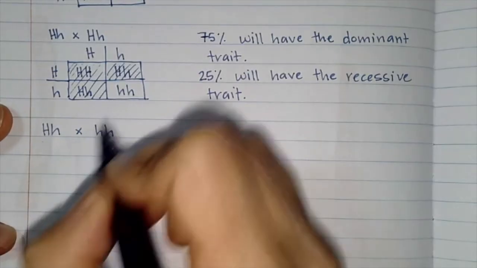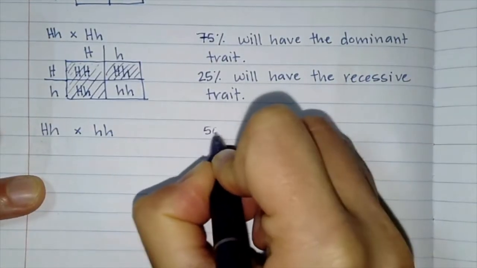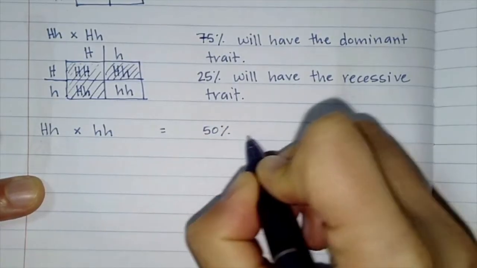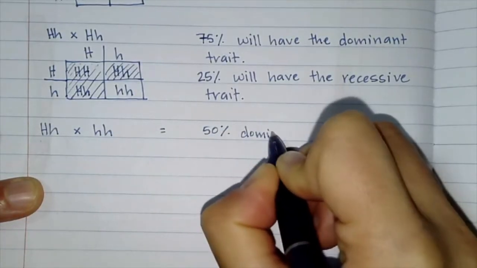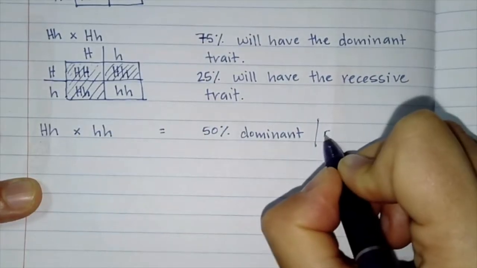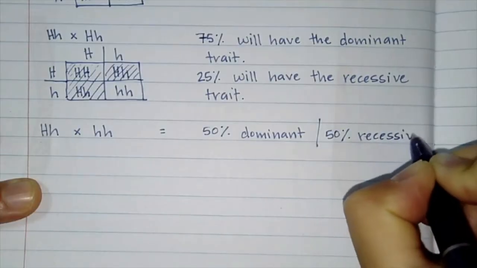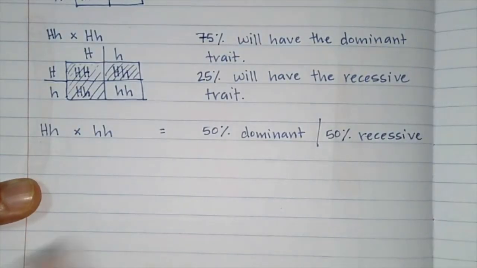Now what you should find with this is you're going to end up with 50% are dominant and 50% are recessive. And I know that because that is actually the cross that we did right at the beginning.